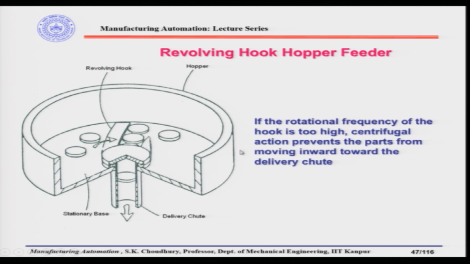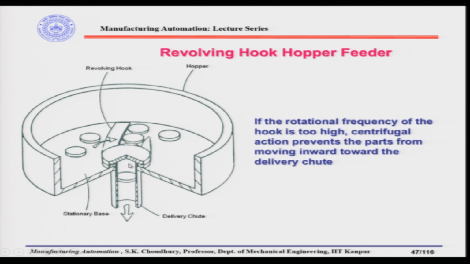Here there is another hopper feeder. This is quite simple, and it is called the revolving hook hopper feeder, because it has a revolving hook which rotates while the base is stationary. The parts are at the base, and while rotating, the revolving hook guides the parts along its edge.